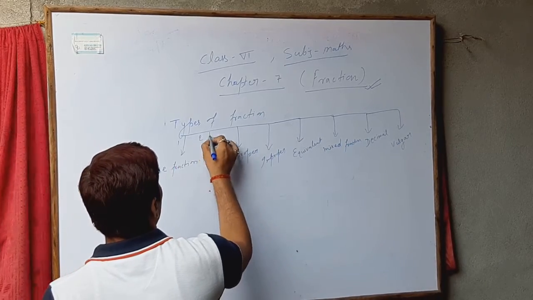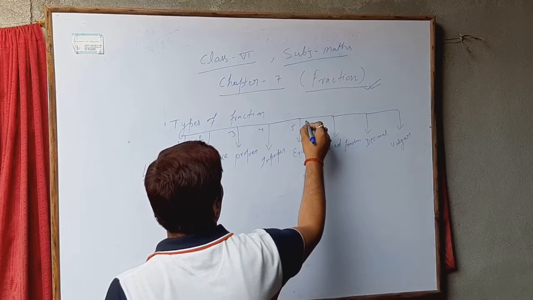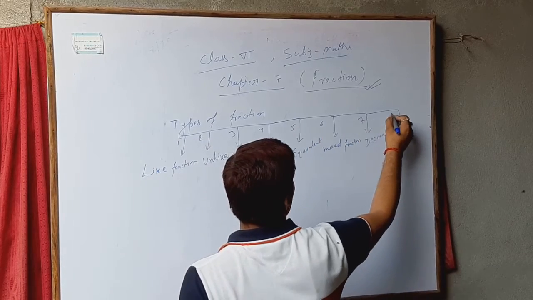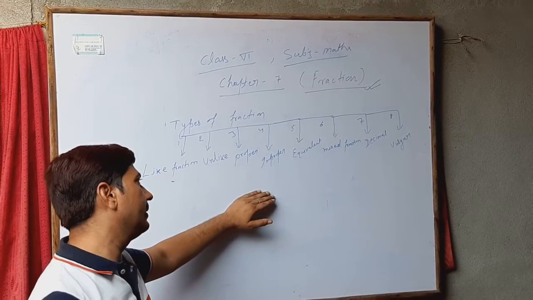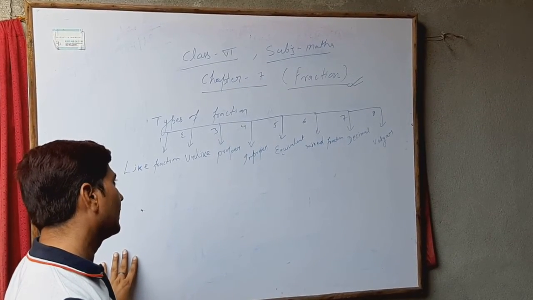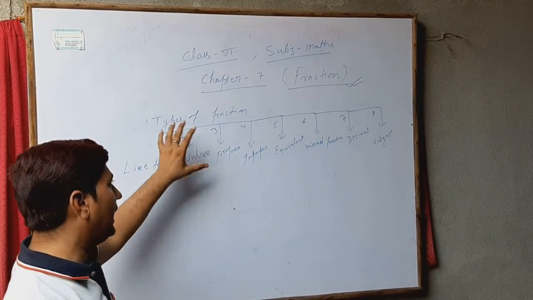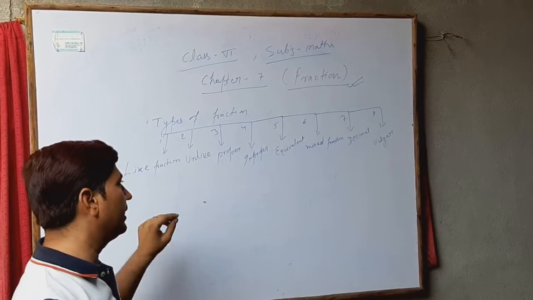Now 1, 2, 3, 4, 5, 6, 7, 8. 8 types of fraction have been given in your book. All definitions have been given in your book.